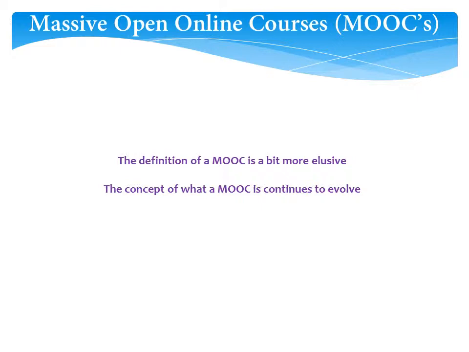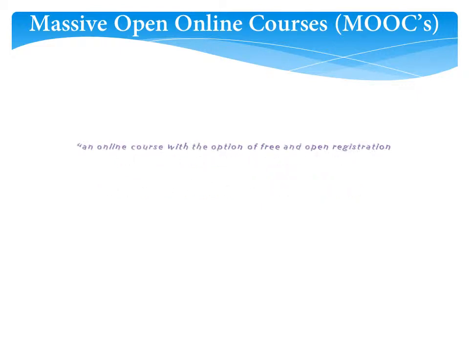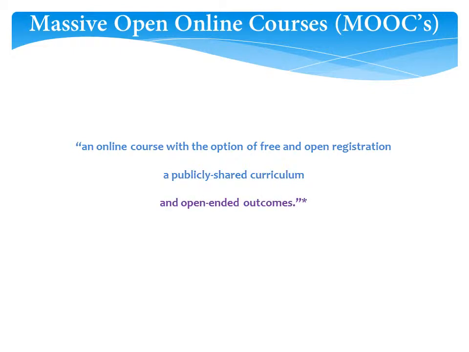In the publication, The MOOC Model for Digital Practice, the authors define a MOOC as an online course with the option of free and open registration, a publicly shared curriculum, and open-ended outcomes. What may in fact turn out to be less elusive than trying to find a consensus on the definition of a MOOC might be identifying the characteristics of a MOOC itself.